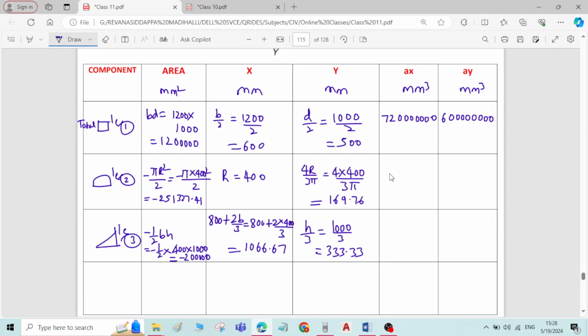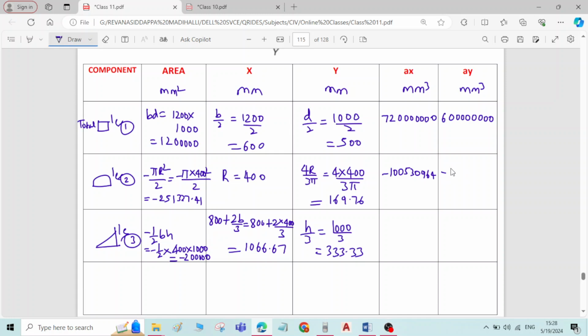Then Ax for the semicircle: it is minus 100,530,964.